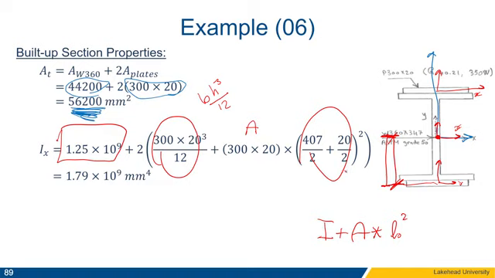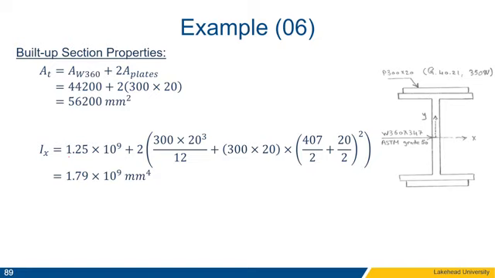So those are just some geometry. And don't forget to multiply this by 2, because we have 2 plates. Now, instead of just having the inertia of the I-beam, we have a larger inertia of the combined section.